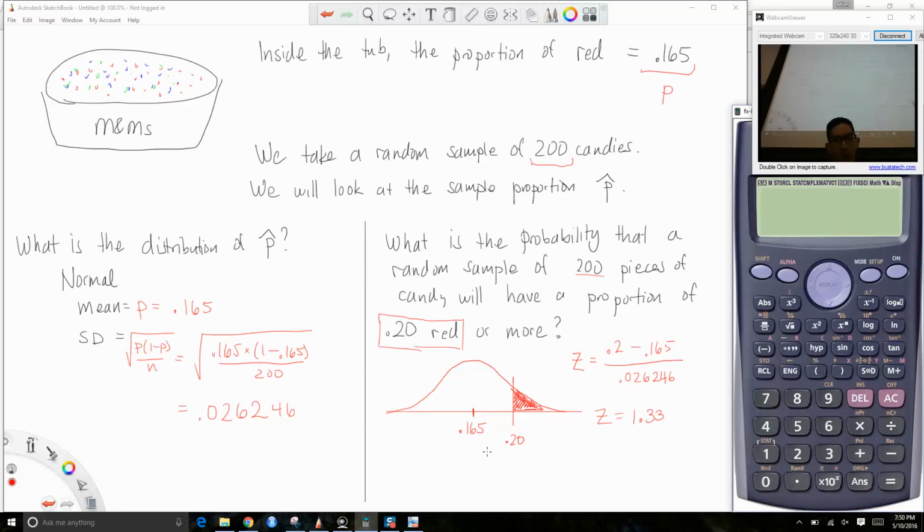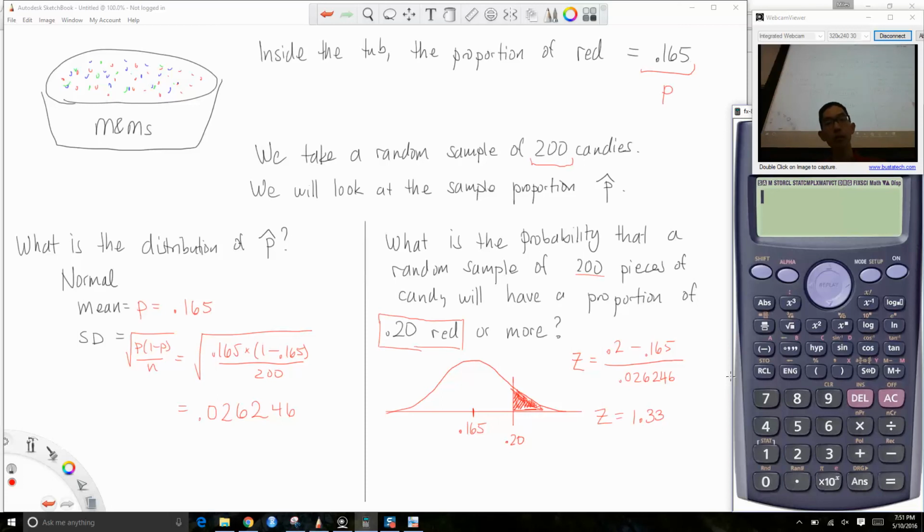It depends how many decimals you kept in your calculator. If you used 0.0262 and you didn't keep the 4.6, then you probably got 1.34. If you kept the full number, it would come out closer to 1.33. Either is fine.